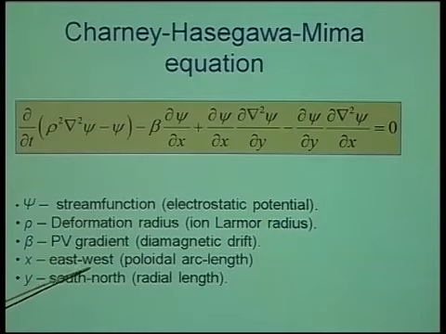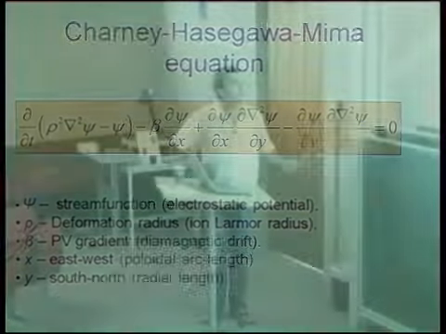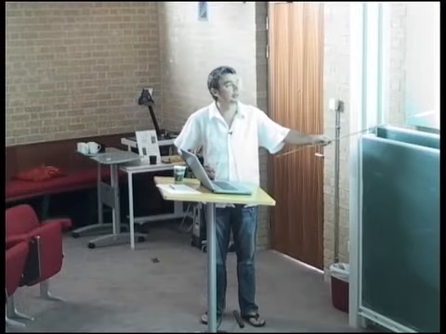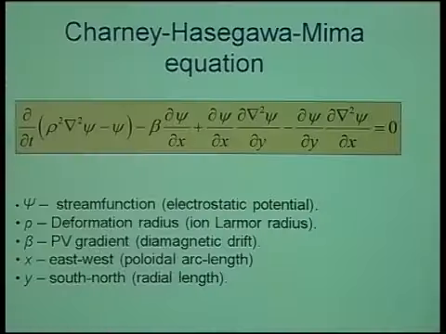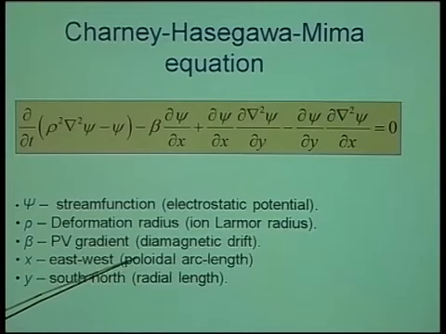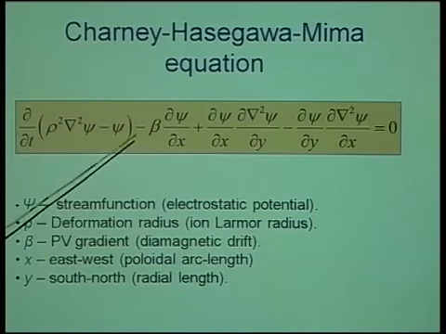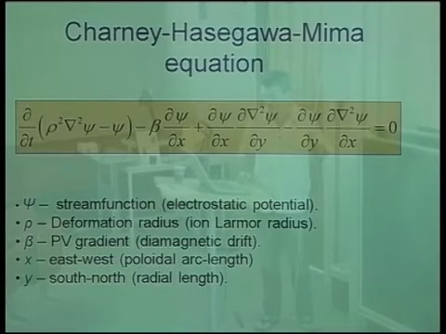X is considered east-west and Y is south-north, so X is the poloidal arc length and Y is the radial length. In the plasma convention it's totally the opposite, so you would switch X and Y here and put Y normally in the Hasegawa-Mima equations. But I've been giving this talk sometimes to plasma and sometimes to GFD communities, and I'm just being a bit lazy.